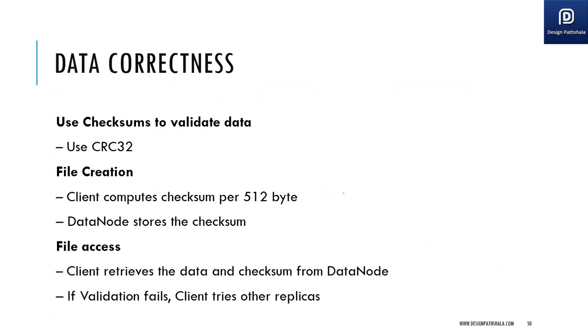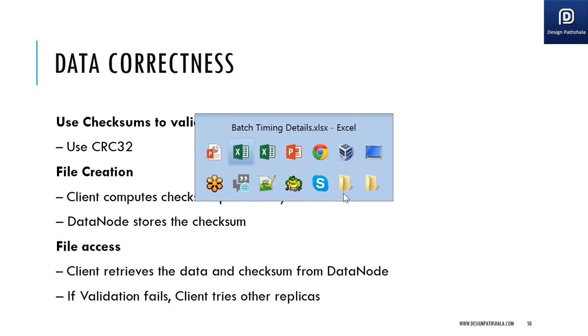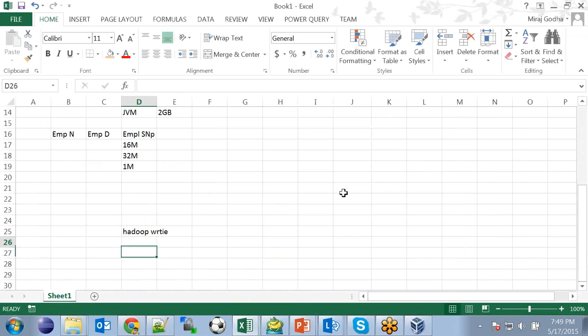There are also data checksums which run at the backend. Say my file was divided into 5 blocks: block 1, block 2, block 3, and so on. When this data is copied with the block, there are some headers also with the block, and these headers have some algorithms on the data.